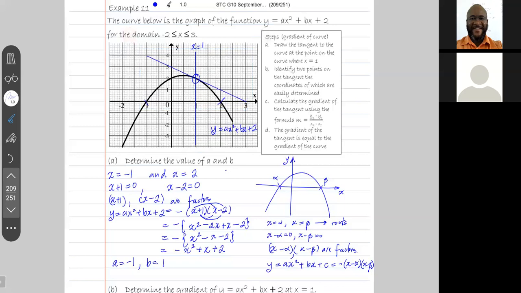So when you're drawing a tangent, it must be a line that just touches the curve at the point 1, 2.